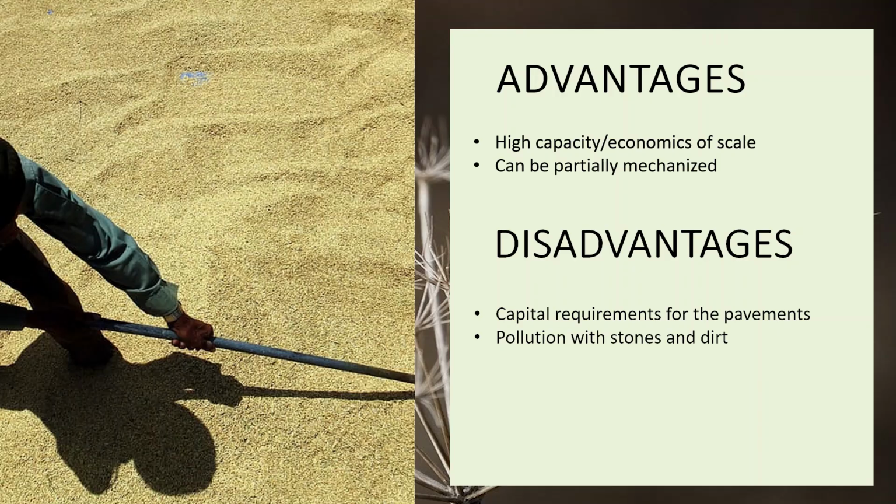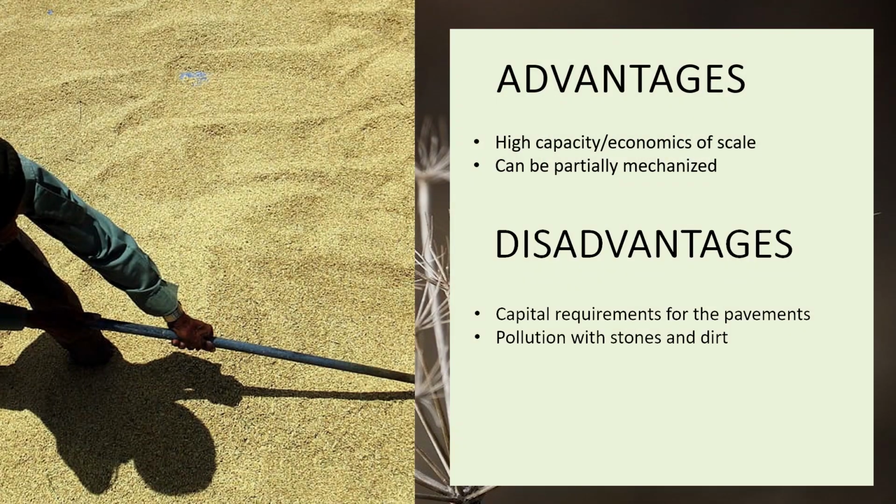But the disadvantages are also there, like capital requirement for the pavements. We need to construct it, and we have to invest some money for the construction of these pavements, and pollution with stone and dirt. That is, if we dry our crop or food on this pavement, then there is a chance of contamination of your food products with stones and dirt.